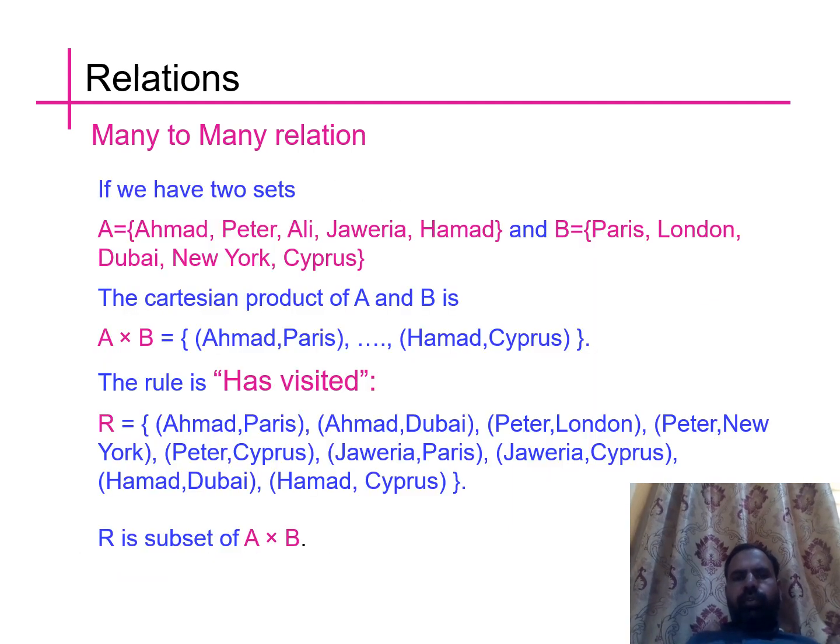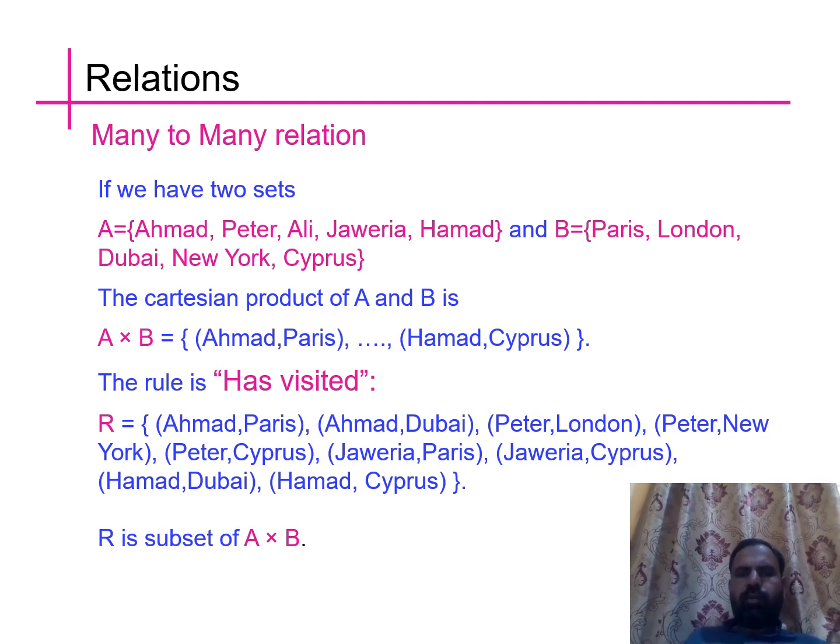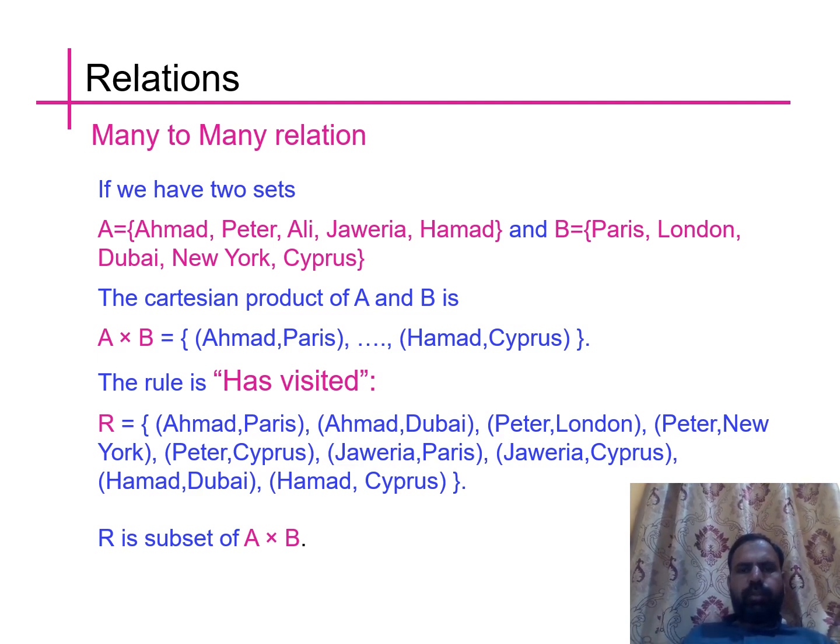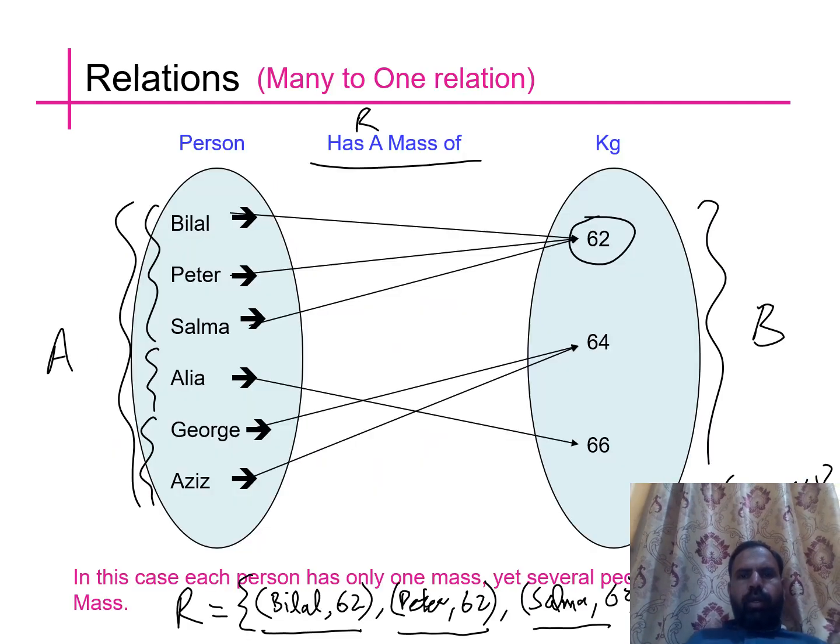If we have two sets, the same as the slide I have already discussed, so it's repeated. Many to one relation. The rule is R: has a mass of kg.